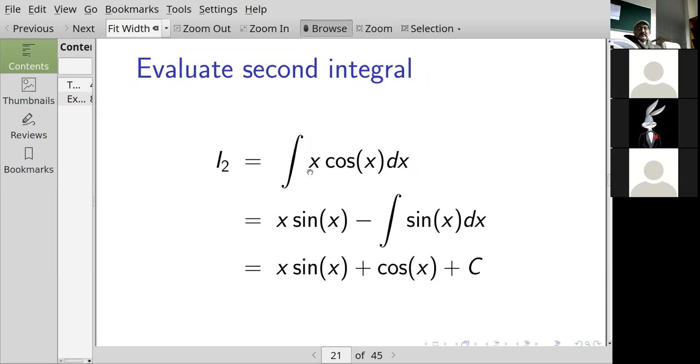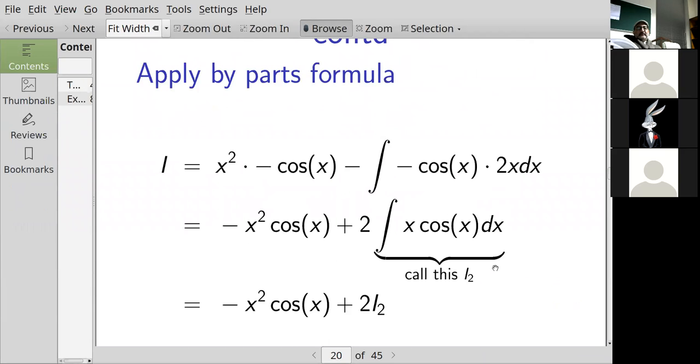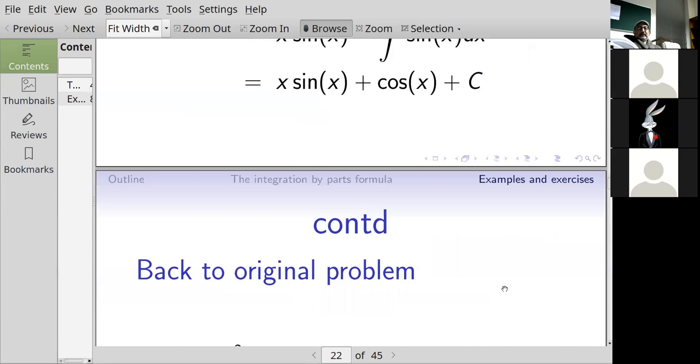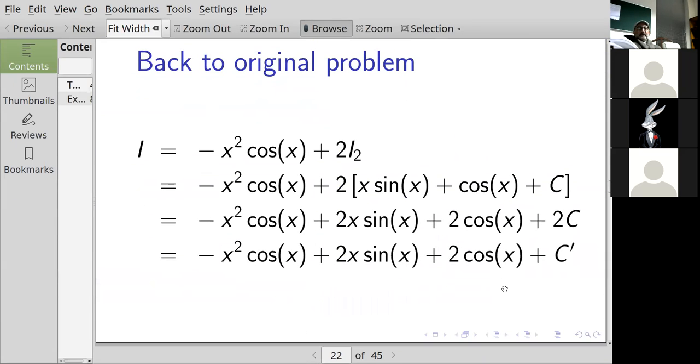Well, if u is x, then du is dx. So this is x sine of x plus cos of x plus c. All right, so substitute that result for the second integral back into here. Right, so I replace I2 by x sine of x plus cos of x plus c.